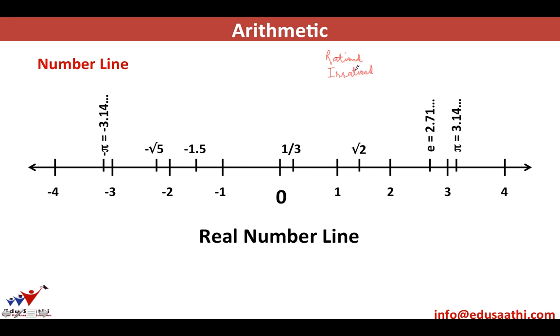A number line is a line on which numbers can be represented, that extends from minus infinity to plus infinity with the middle value equal to 0. All the values on the left side of 0 would be negative, and all the values on the right hand side of 0 would be positive. So 0 is neither negative nor positive. It is a neutral value that we have.